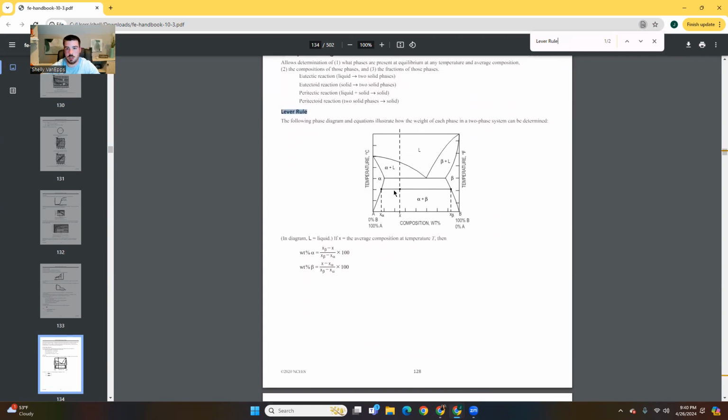So we can see here we have a pretty similar diagram, more basic, but we have our weight percentage for alpha and the weight percentage for beta. We're going to use a very similar equation to solve this.